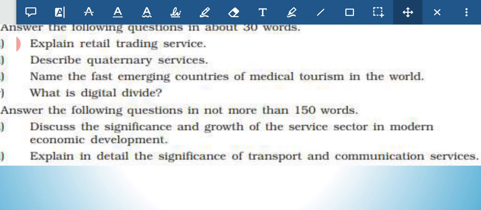So we can support it by saying in this order that the service sector is a very important component of modern economic development. Why? Because it includes what? Retailing and selling of goods to the people, under which various services are there, whether it is a service of education, health, welfare, recreation, business, whatever the service it is, can be a point.